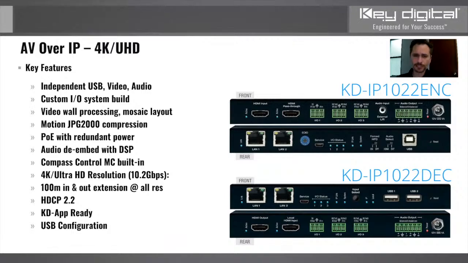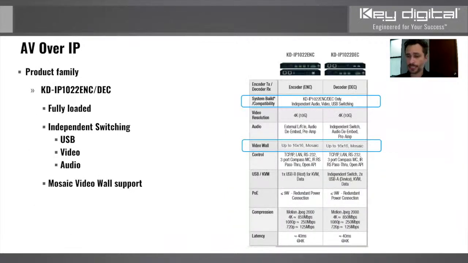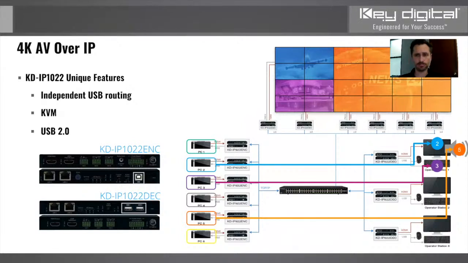The main two add-ons of the 1022 are that you have independent USB, video, and audio routing, and you have Mosaic video wall support. So, independent audio, video, and USB. Here's an example of a network operations emergency operations center, where there are 6 PCs but only 3 operators.